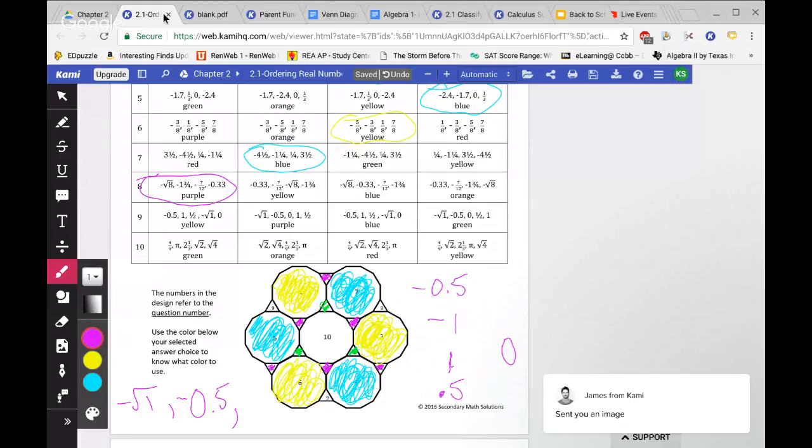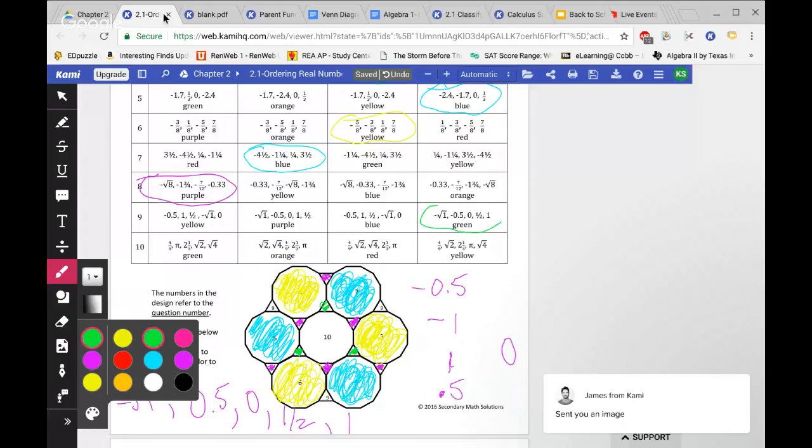And then the next smallest is 0. And the next is 1/2 or 0.5. And then the next is 1. So which one of those is right? I think it's green for that one. Is that the right order?